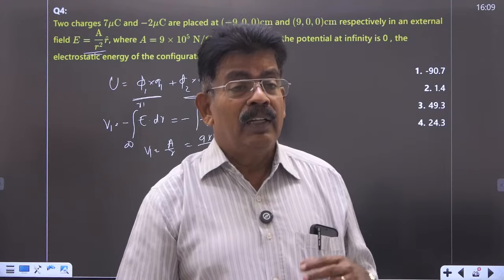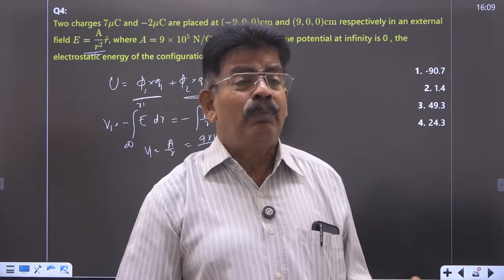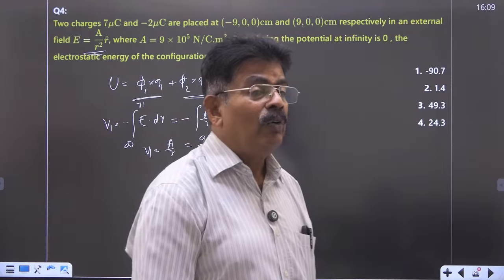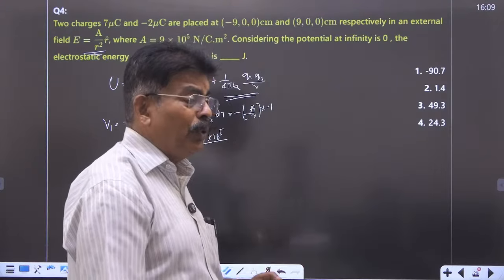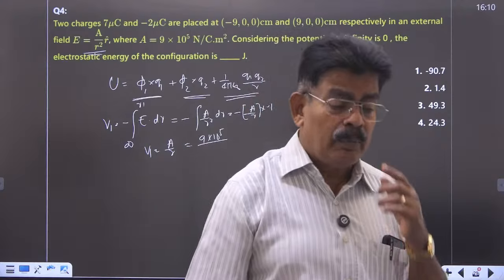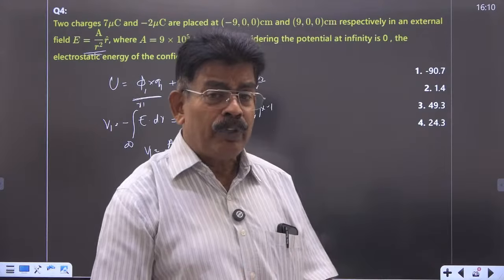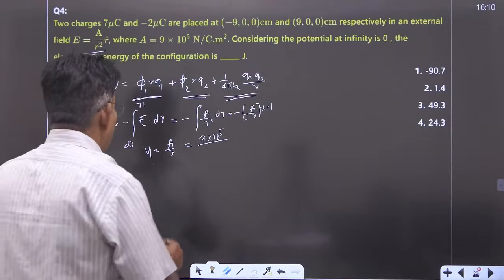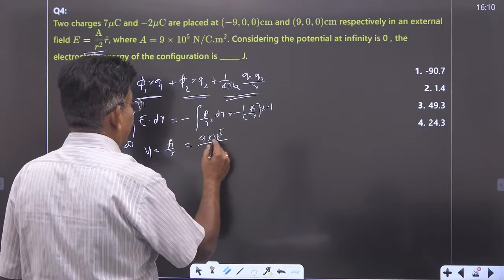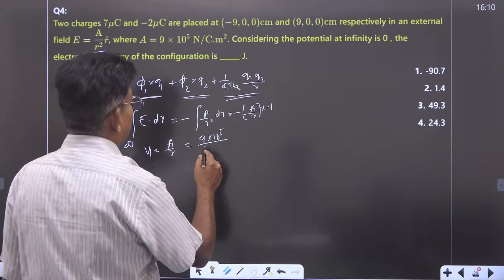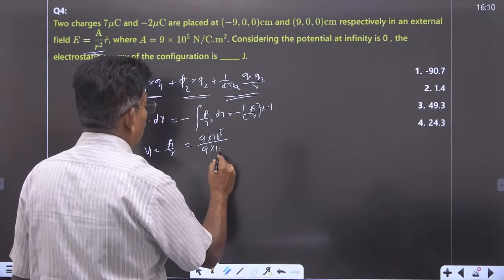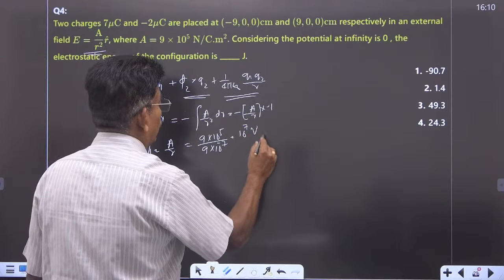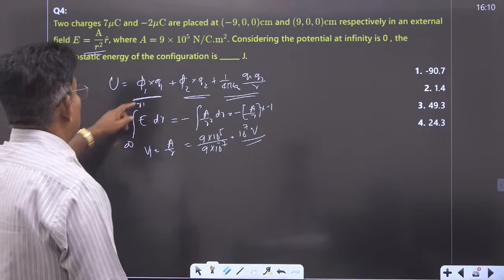Being at a minus 9 position doesn't matter; plus or minus potential is decided by the charge. So V1 will be A by R, 9 into 10 to the power of 9 into 9 centimeter, which means 9 into 10 to the power of minus 7. That comes to be 10 to the power of 7 volt. This is the potential at position phi1.